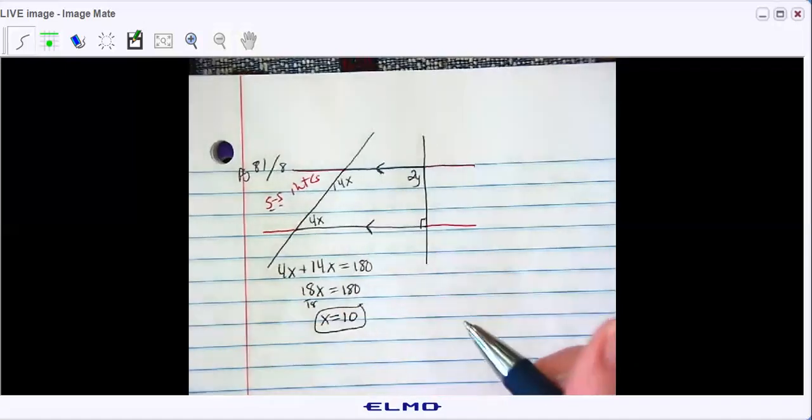Okay, let's look at the other side. Okay. So look at that for a minute and tell me what kind of angle relationship we're looking at.